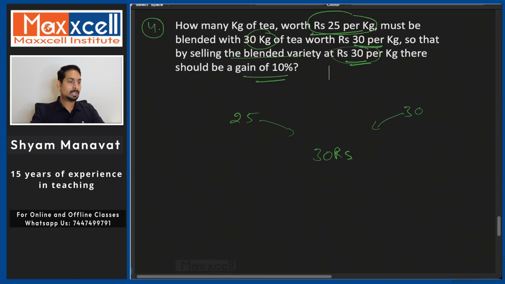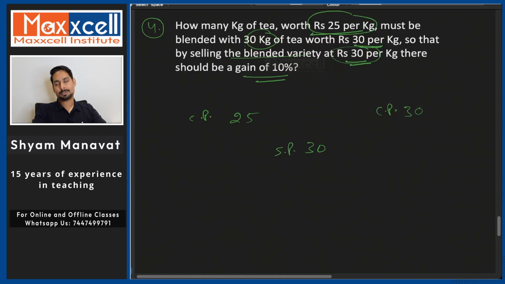Now what you need to understand, where you need to pay attention here, is that this 25 rupees, this 30 rupees is the cost price, and this mixture 30 rupees is the selling price.